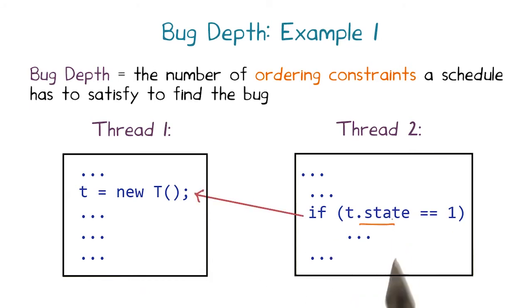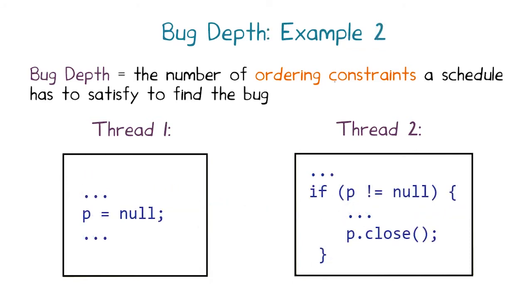If this line in thread 2 is executed before this line in thread 1, then an exception will be thrown because thread 2 will be attempting to dereference an undefined variable t. Since there is one constraint on the ordering of statements across threads, we say that the depth of this concurrency bug is 1. Let's look at another example.